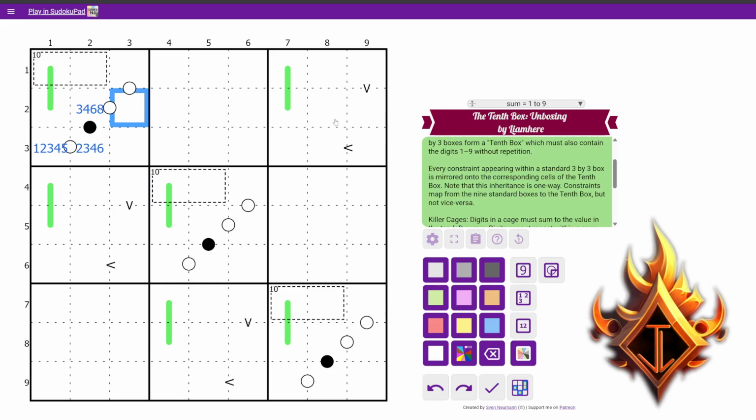Then if it was 3, 4, 4 would be repeating. 7, 6, 3, or 8, 4. So 3, 4, 6, 8.